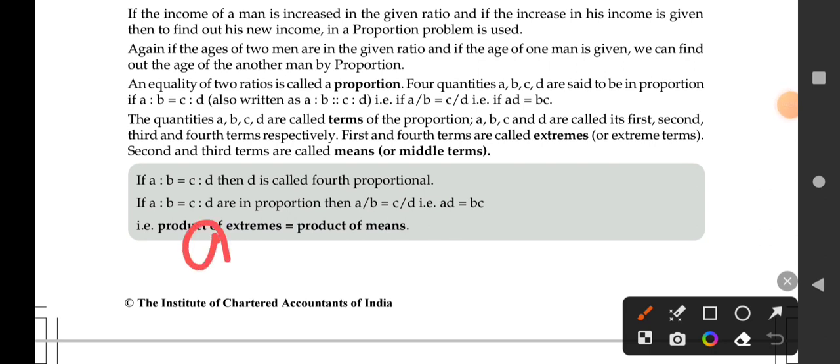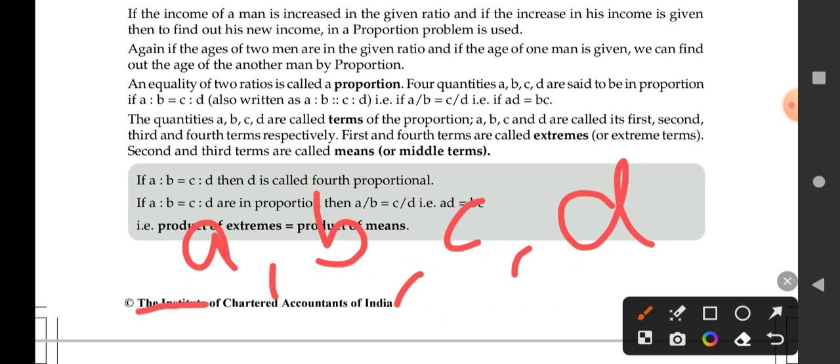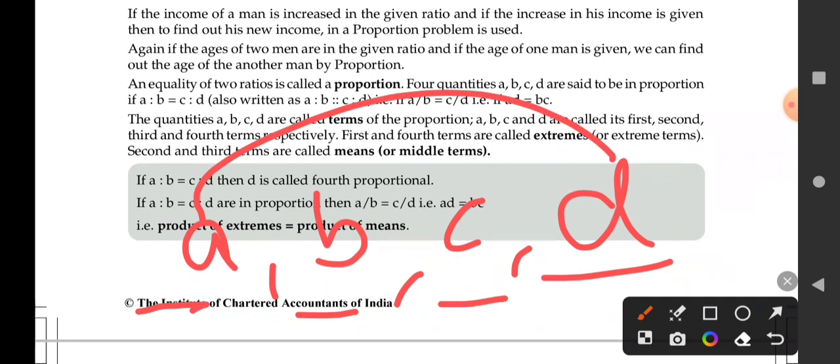So A, B, C, D are the first term, second term, third term and fourth term of the proportion. First and fourth terms, that is A and D, are called extremes. Second and third terms are called means or middle terms.